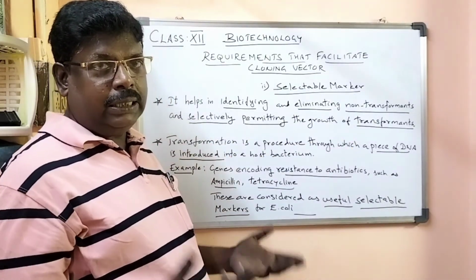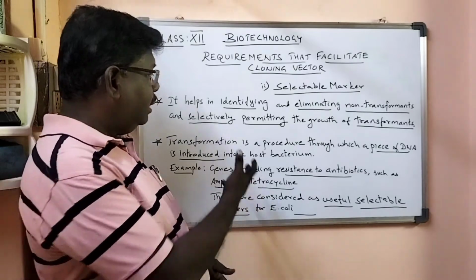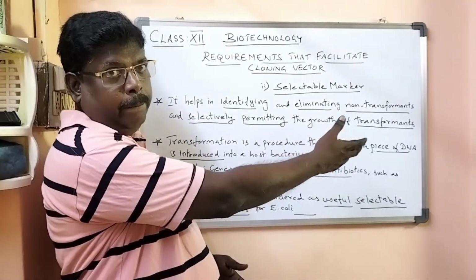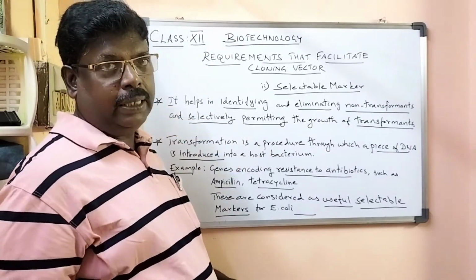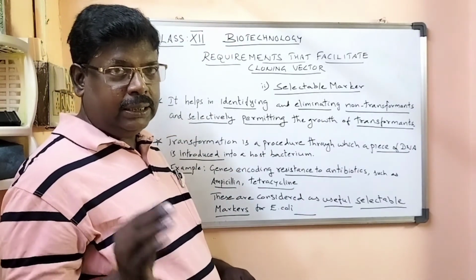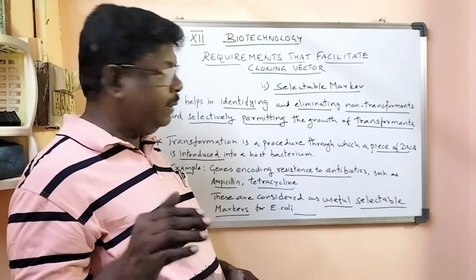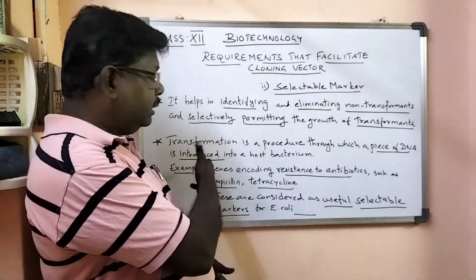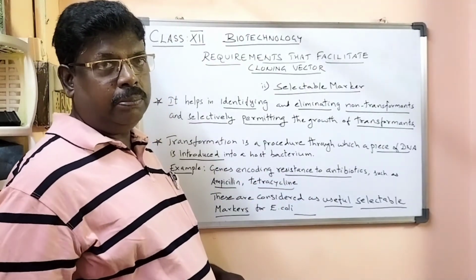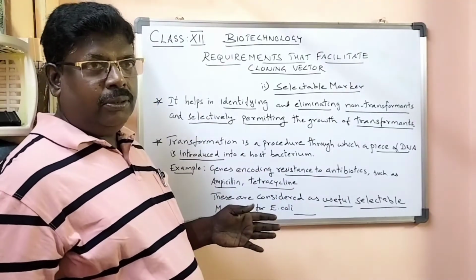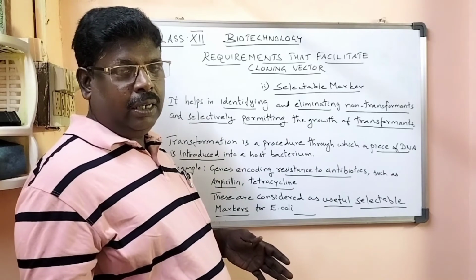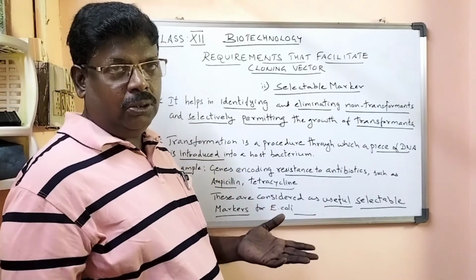So what is a transformant? Transformation is the procedure through which a piece of DNA is introduced into the host bacterium. Only the desired gene should be transferred to the host.